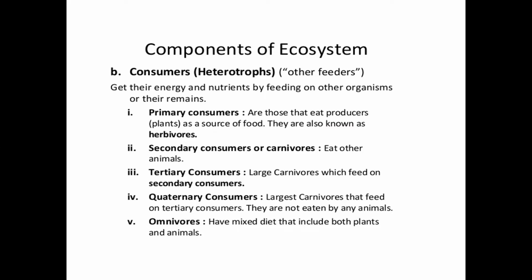Omnivores can eat both plants and animals, so they are called omnivores. So these are the components of the ecosystem. The next topic is food chain.